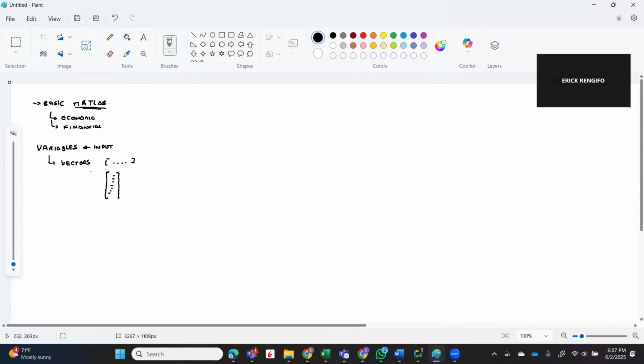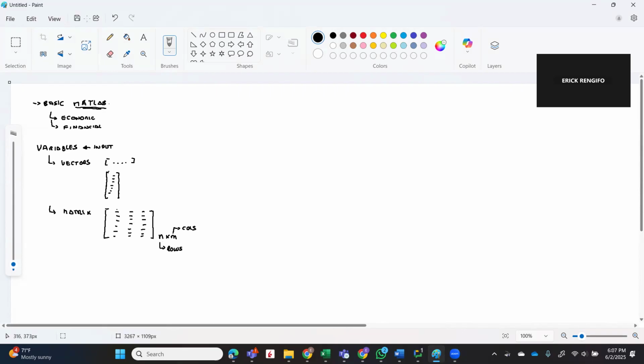Now, of course, if you join vectors, we are going to have a matrix representation of what we want to do. So a matrix, of course, guys, is going to be something like that. It has columns. So this is going to be called n times m. Always the first one refers to rows, and the second one refers to columns.